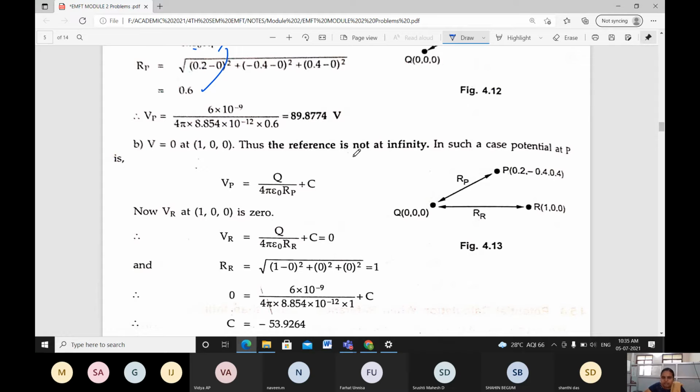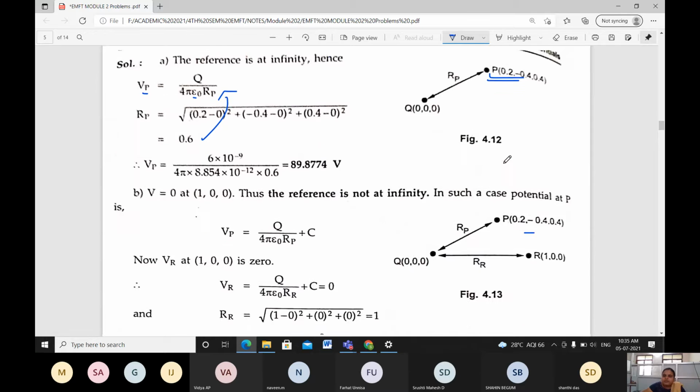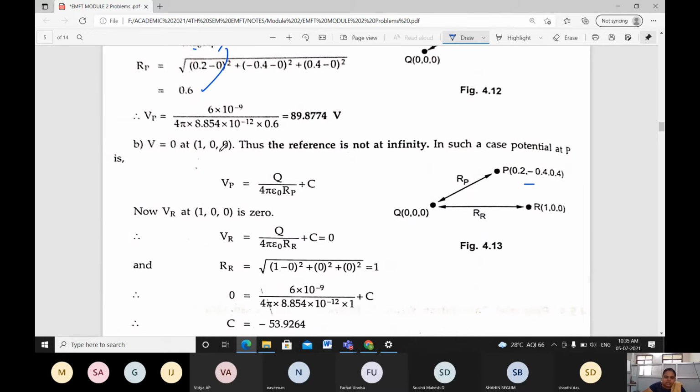The next case is where V is 0 at (1, 0, 0). The reference is not at infinity, so we have to take one more point, the reference point R. The point P is at the same location as in the previous case, and the reference R is at (1, 0, 0), while Q is at the origin.